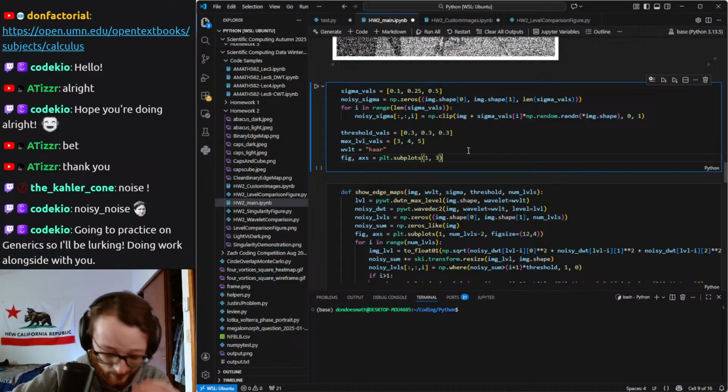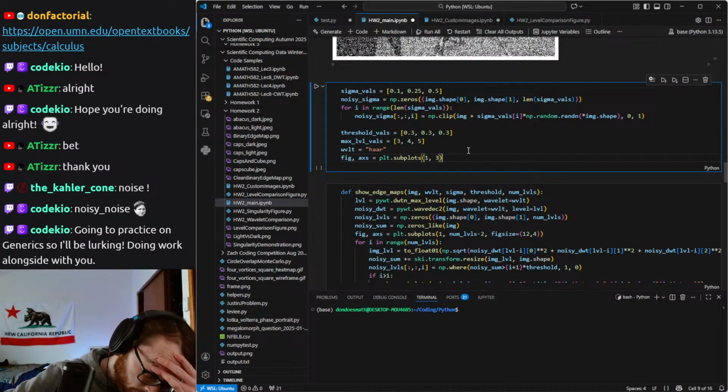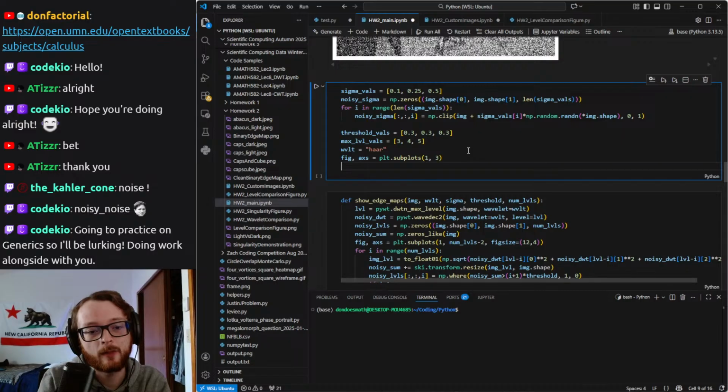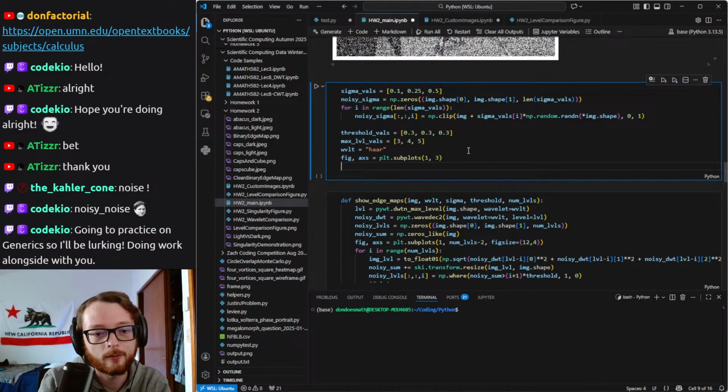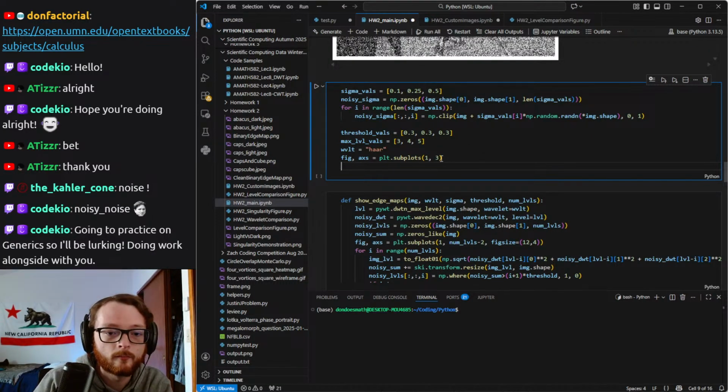Do I also want to include the input image again? I don't think I need to. For the sake of space, we already have the input image once in the report. Let's not keep on repeating it. I guess we'll make this generic.